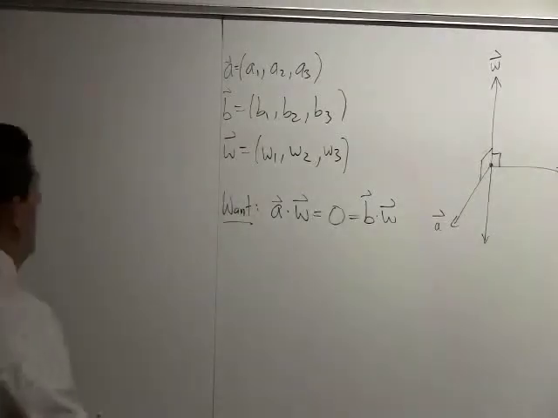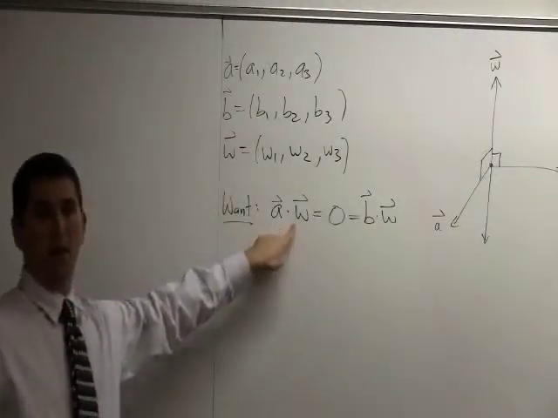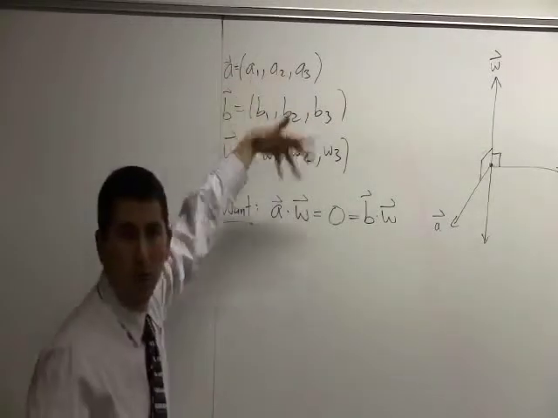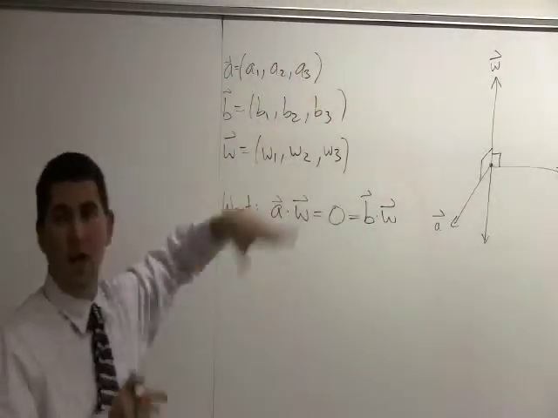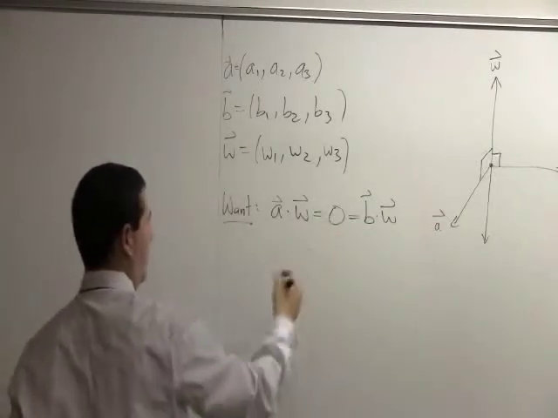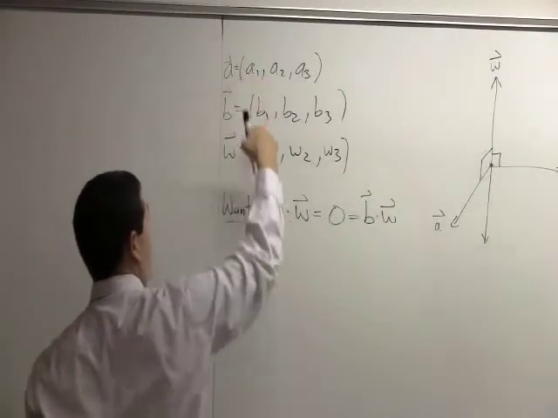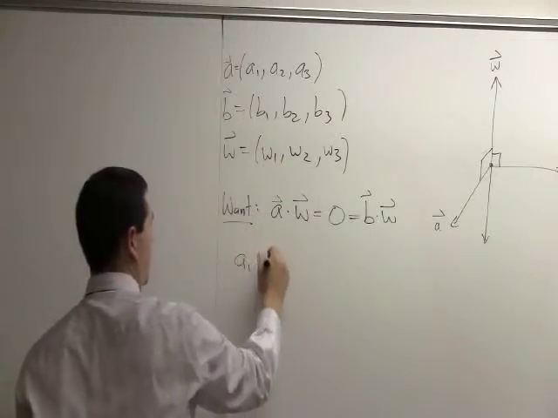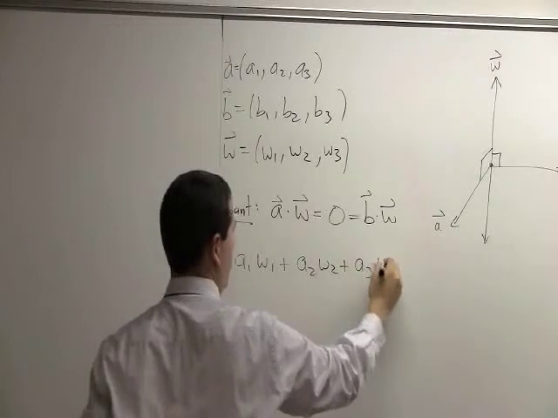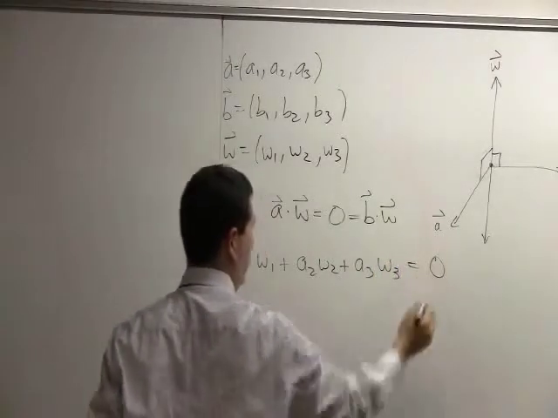Okay. Well, we can compute this dot product, right? We know how to do it. Just coordinate by coordinate, you multiply and add up. So let's see. If A dot W is 0, then we get A1 W1 plus A2 W2 plus A3 W3 equals 0.